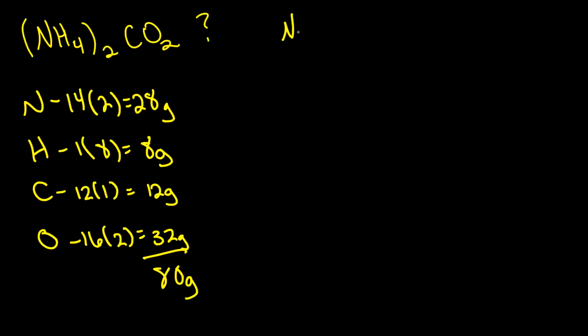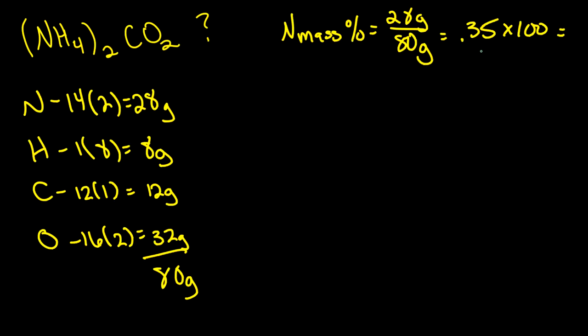So the nitrogen mass percent is the element mass, which is 28 grams, divided by the molar mass, which is 80 grams. So 28 divided by that 80 gives me 0.35 even. I multiply that by 100 and I get 35% nitrogen.